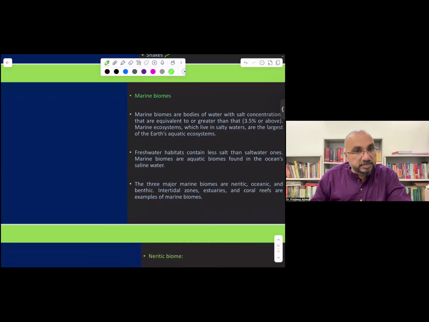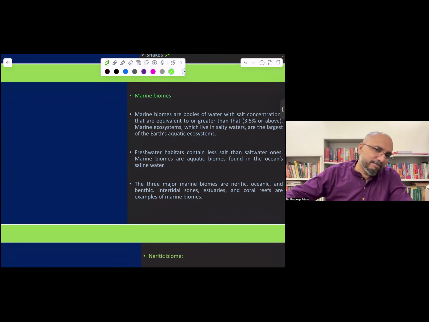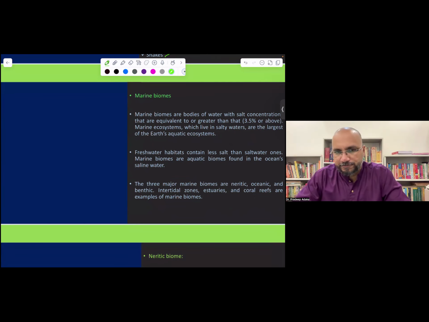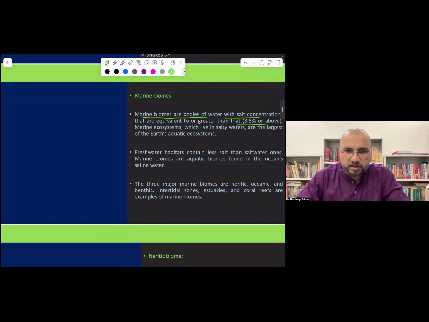Now, marine biomes. Okay. So these are aquatic biomes that have higher salt concentration. So marine biomes are bodies of water with salt concentration 3.5% or above.